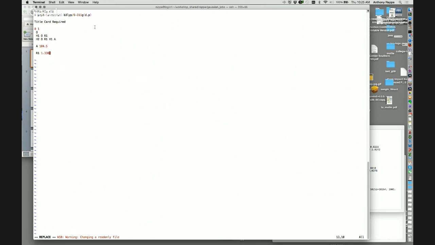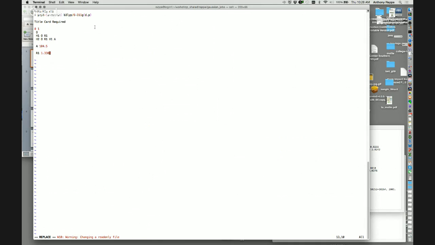So for sulfur, 1.38 is the bond distance. The initial geometry is going to get set with that longer bond distance, and then the angle will be optimized.